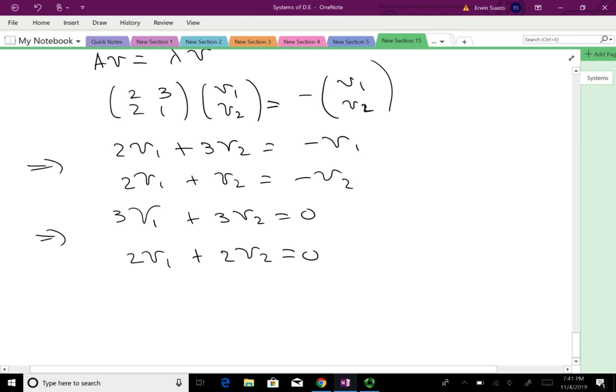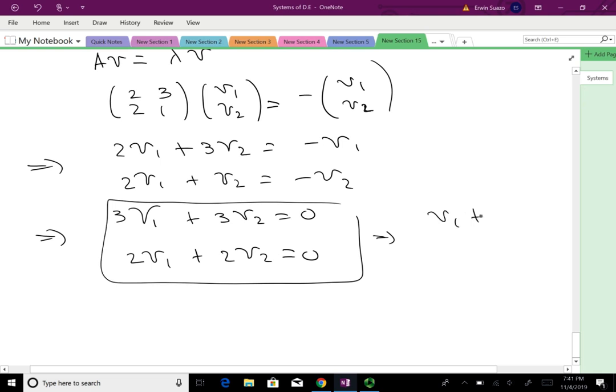Now we need to solve these. But you see, this is going to happen very often. What do you see here? If you divide the first by 3 and the second by 2, you get the same equation: B1 plus B2 equals 0.